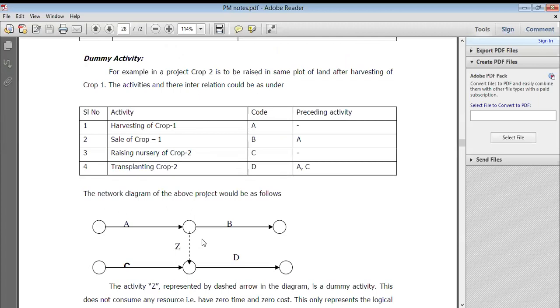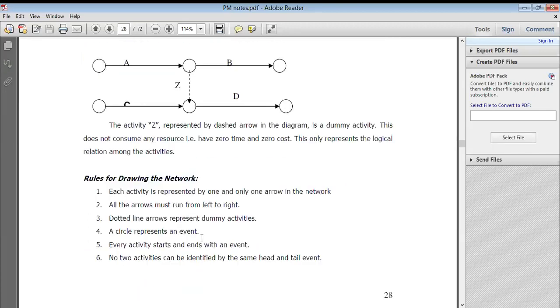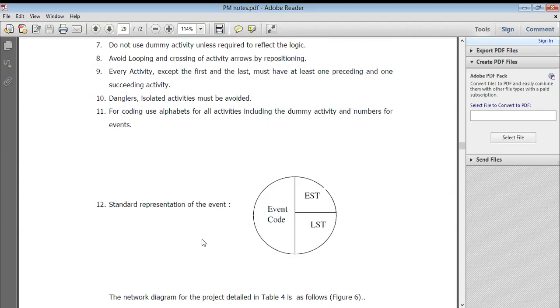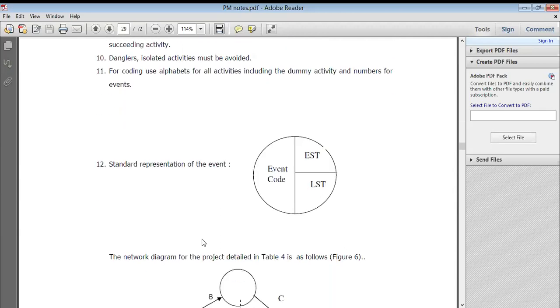Now we have seen the dummy activity: what kind of work we need to choose and how we give codes for it. Then we saw the standard representation of the event, called the event code, with EST and LST, earliest start time and latest start time.